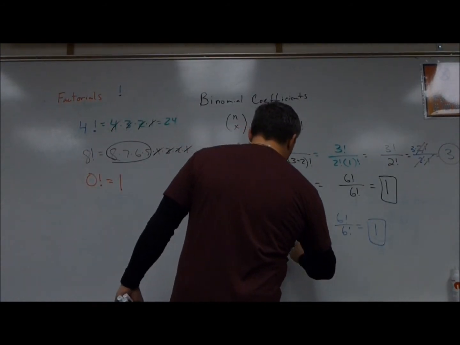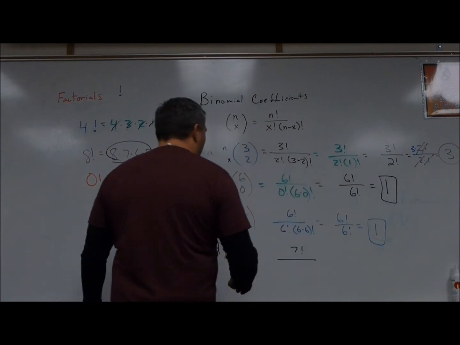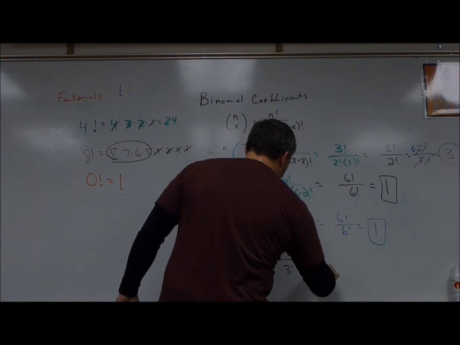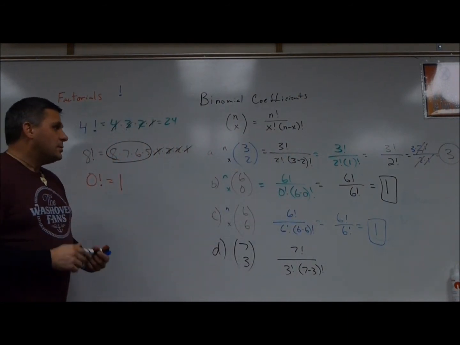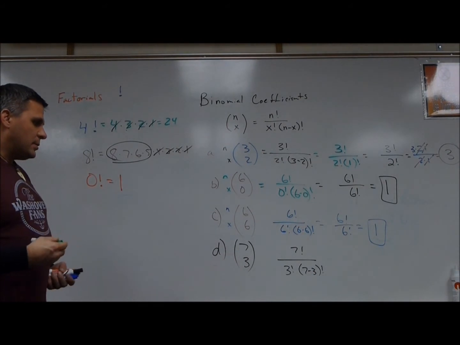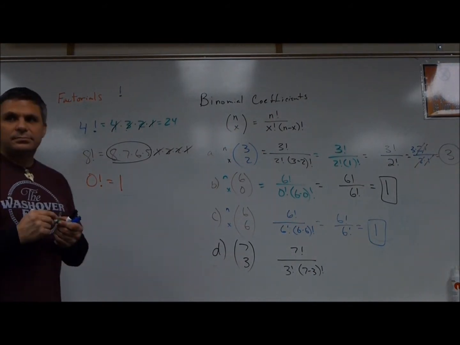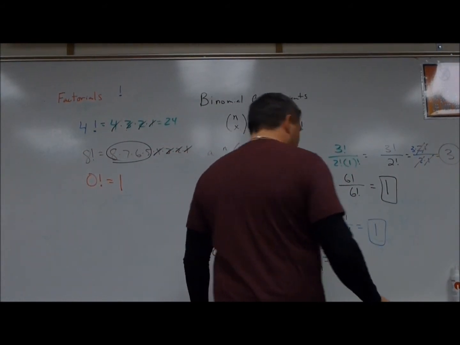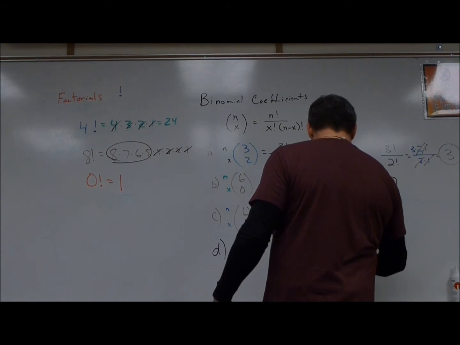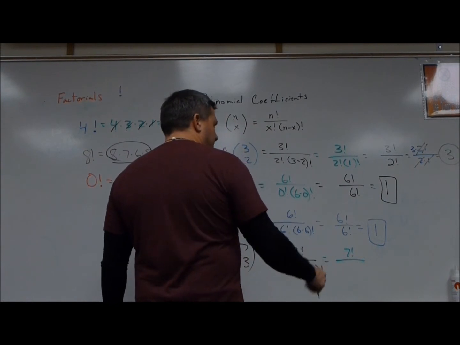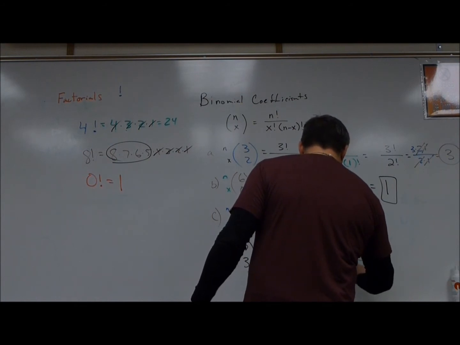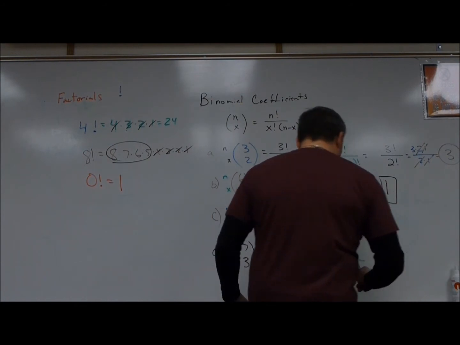Again, 7 factorial over 3 factorial times 7 minus 3 factorial, which equals 7 factorial over 4 factorial times 3 factorial.